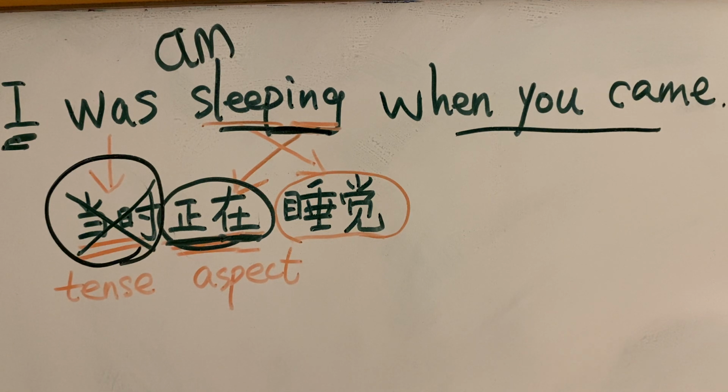In Chinese, that's okay, and you sound more like a native speaker. That's very weird. Chinese people don't give a damn about very strict grammar. So 当时 can be deleted in the Chinese sentence. You can only say 我正在睡觉. It means I am sleeping.